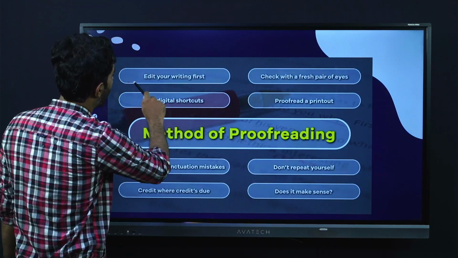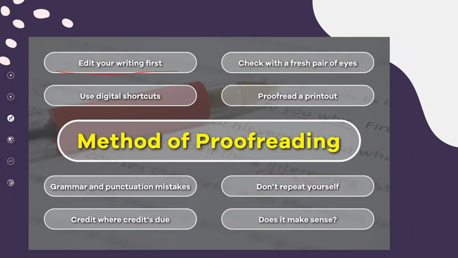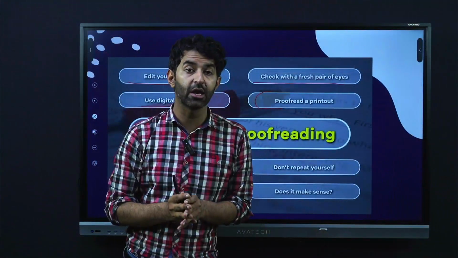First, you edit your writing, then you check with a fresh pair of eyes. Now you have to be very clear and fully awake when you are doing proofreading of the work. Then you will take the printout, you will proofread it, and then you will look for any grammar and punctuation mistakes. Yes, punctuation mistakes are very common.